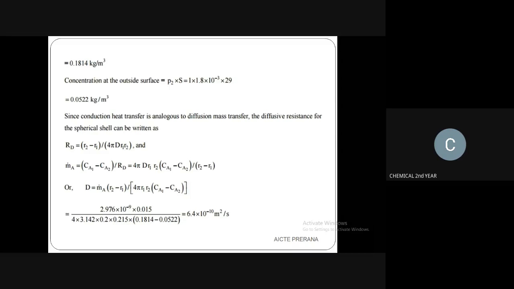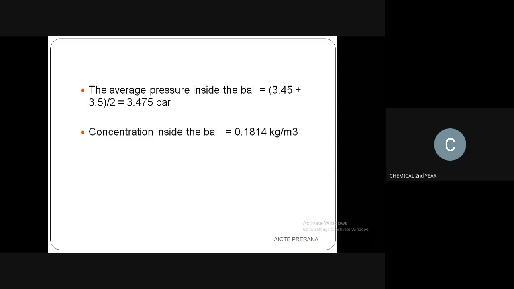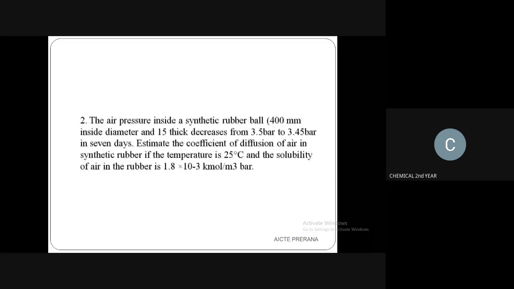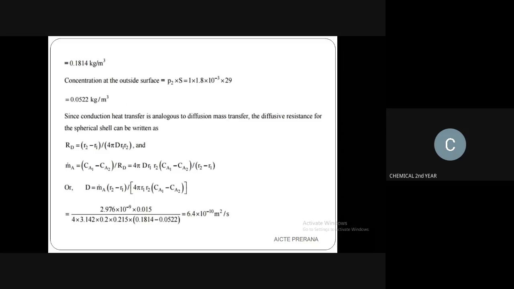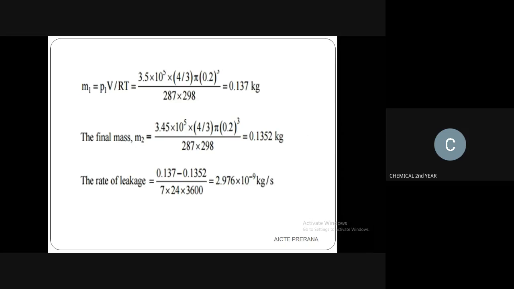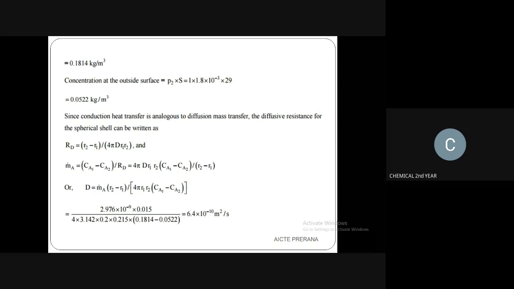R1, R2. CA1 minus CA2 is nothing but the concentration inside and outside, divided by RD.